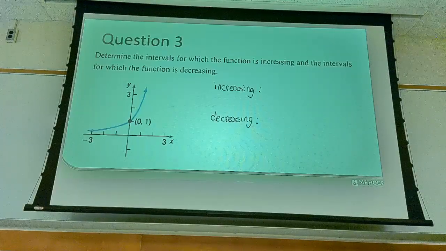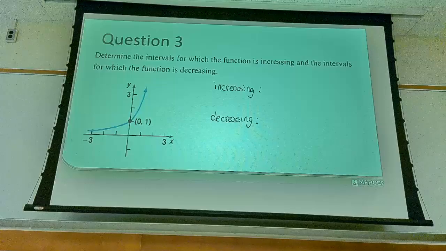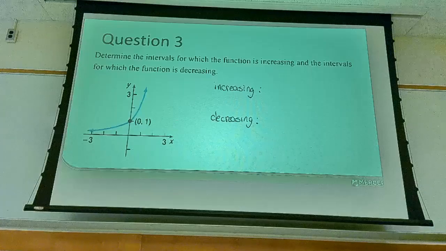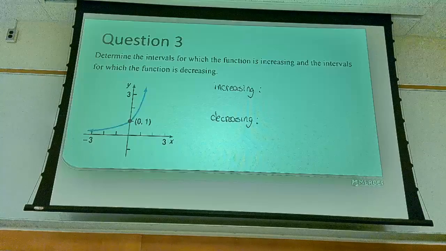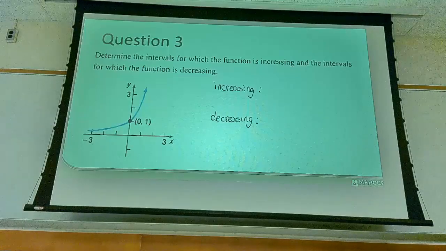So read that from left to right, and again, remember, it's never ending. Negative infinity, 0. I agree with the negative infinity. To infinity? Yep, to infinity. It doesn't stop increasing at 0, it continues to increase. In other words, that's increasing everywhere. Which means it's decreasing nowhere. So I'll just represent that as the empty set.